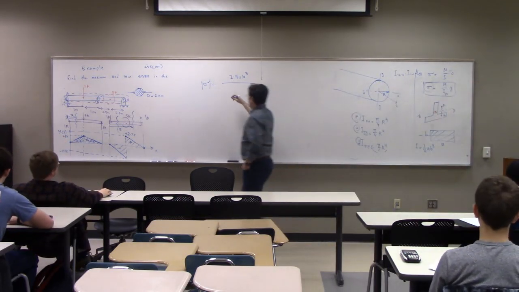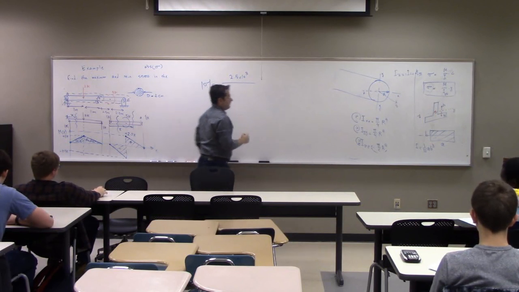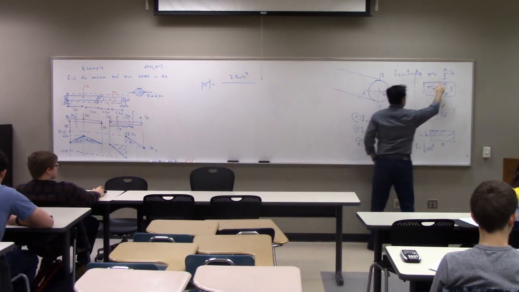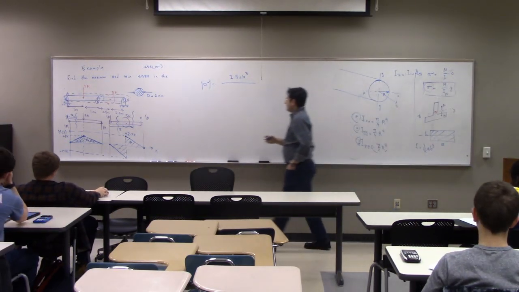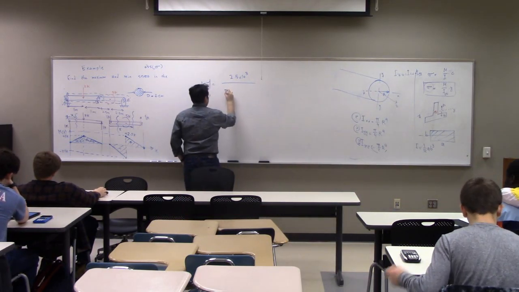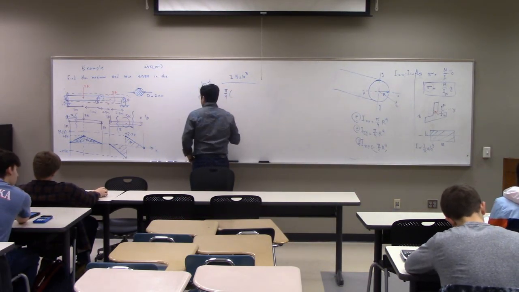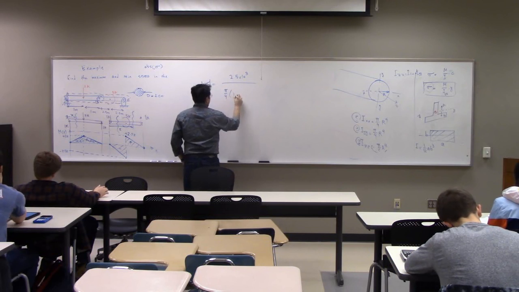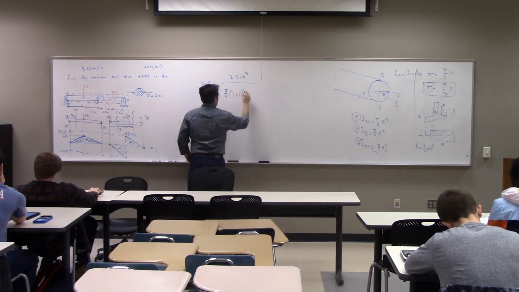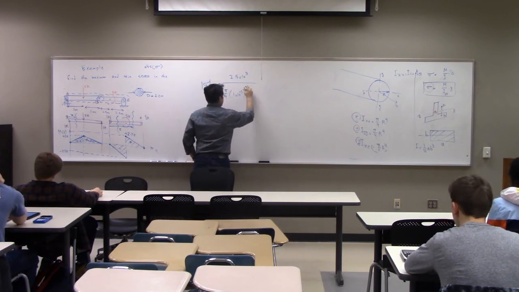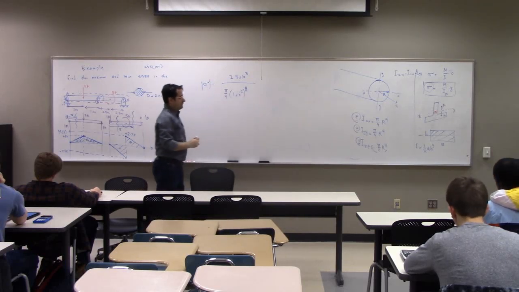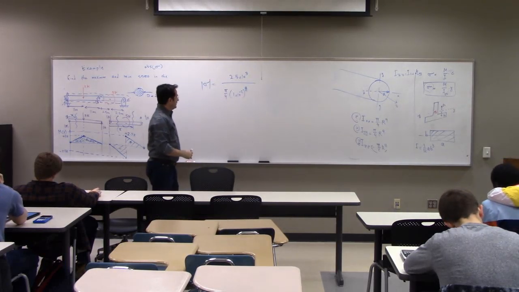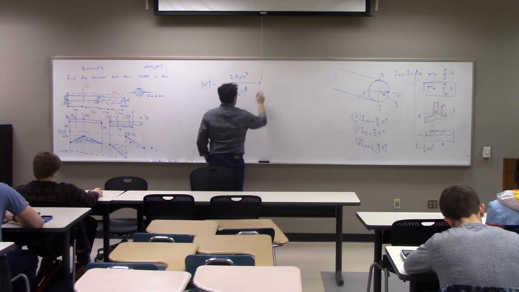So here I put pi over 4 times the radius, which is 1 times 10 to the negative 2, to the fourth power. Okay? Times c.